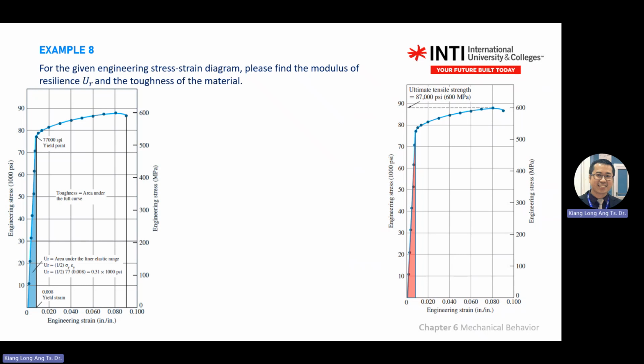So I'll just show you the value. If you extend to the left, you'll get around 530 megapascal. If you download the tutorial graph, you should be able to see the value. You can estimate; the error allowed will be 10% from the graph.